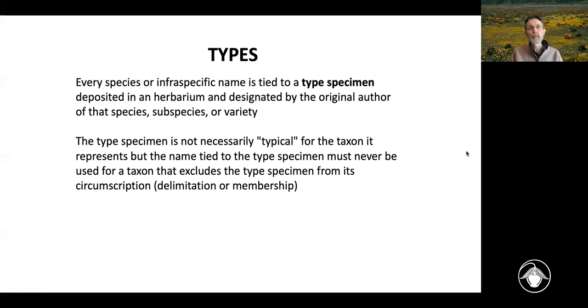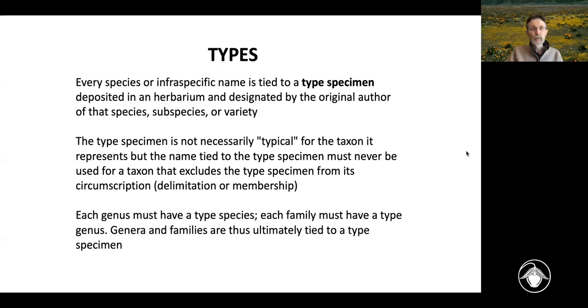The name tied to the type specimen must never be used for a taxon that excludes the type specimen from its circumscription or delimitation, basically meaning the membership of that group. And so any name that we use in taxonomy ultimately derives from or can be traced back to a type specimen in an herbarium, because even at higher levels, each genus must have a type species, and each family must have a type genus, which in turn has a type species.